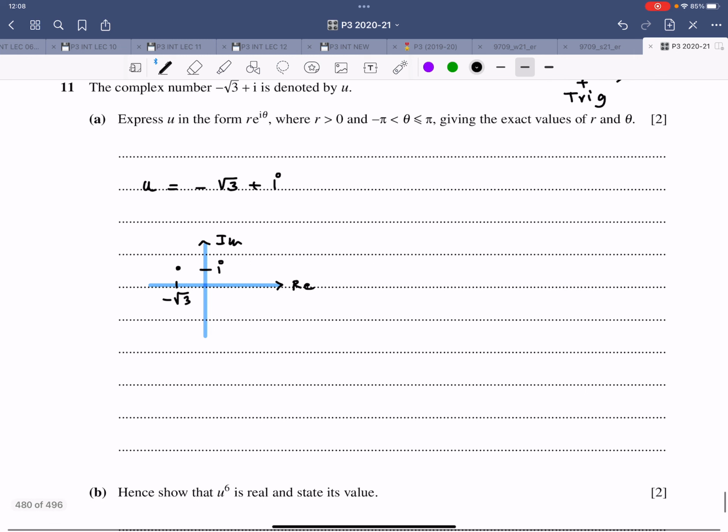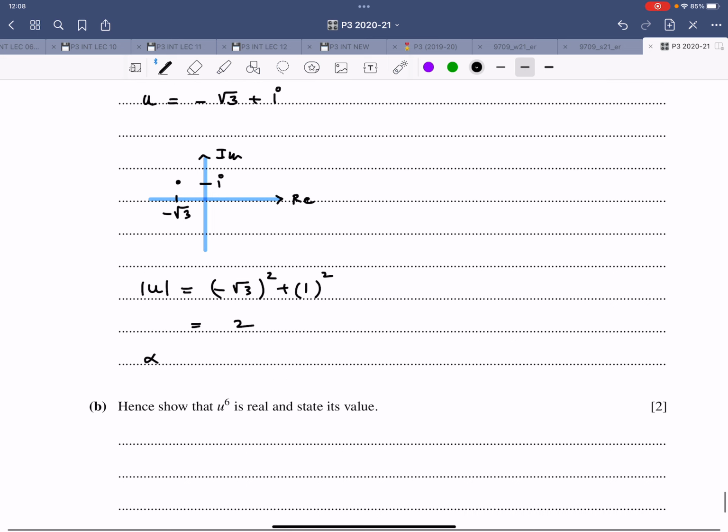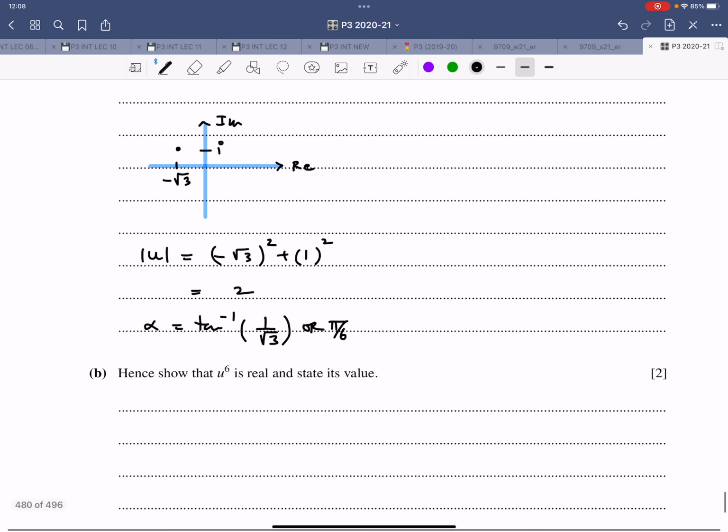If I want to find the modulus of u, that is negative root 3 whole squared plus the coefficient of i, 1 squared. 3 plus 1 is 4, this comes out to be 2. Basic angle is tan inverse of 1 over root 3, which is pi by 6. Since it's in the second quadrant, the principal argument of u comes out to be pi minus pi by 6, which is 5 pi by 6.